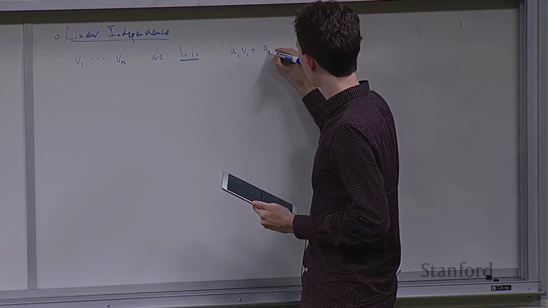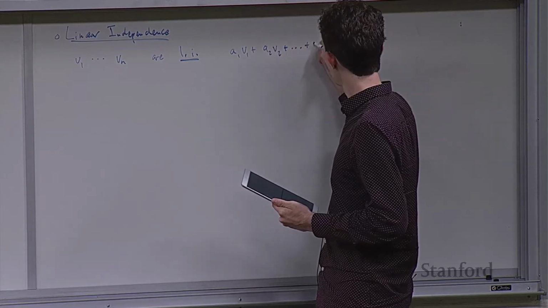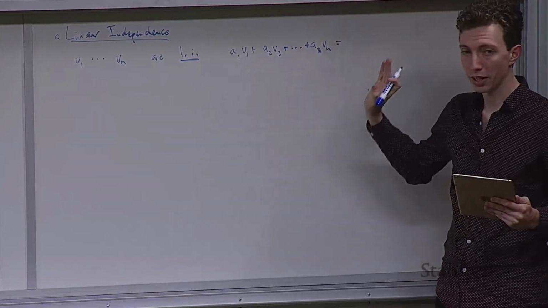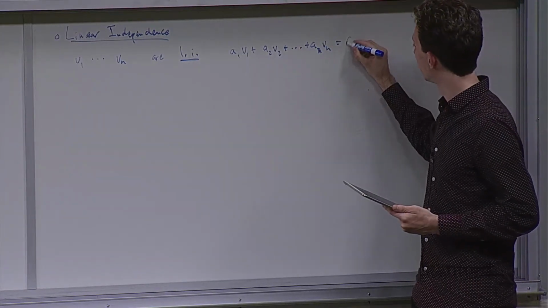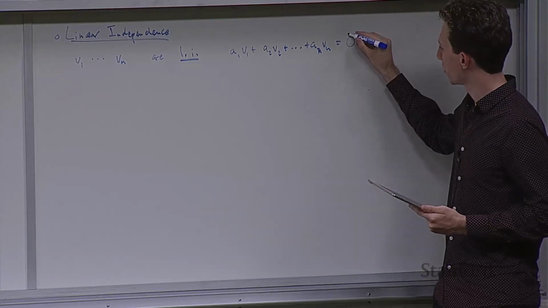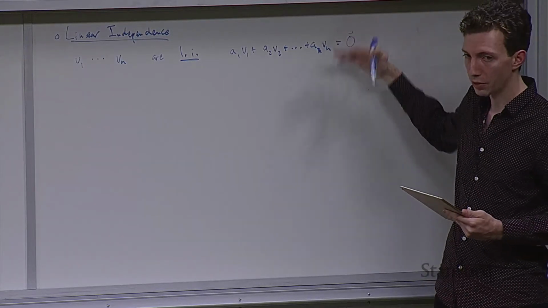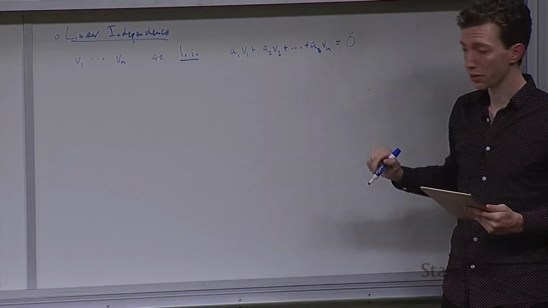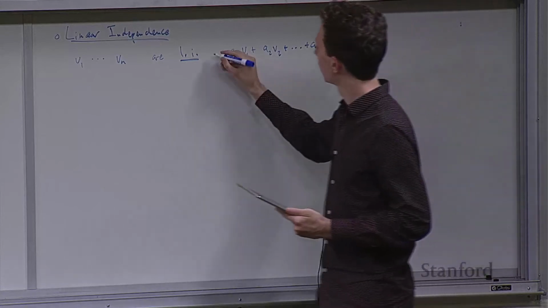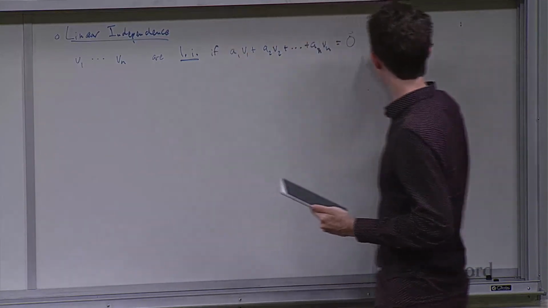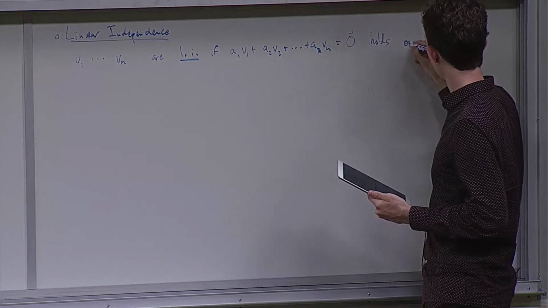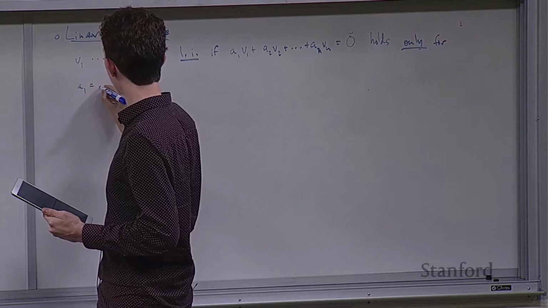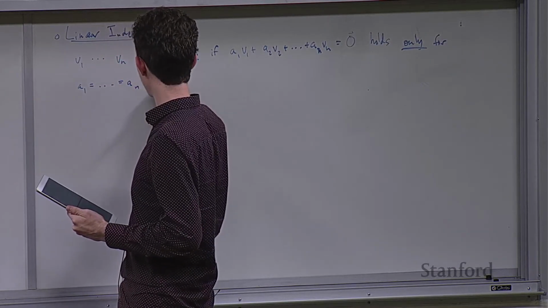This equation, a1 v1 plus up to an vn, for some numbers a that I can choose, equals 0, in the sense of the 0 vector, the vector where every entry is 0, only for all of the a's equal to 0. So they're linearly independent if this holds only for a1 through an all identically 0.